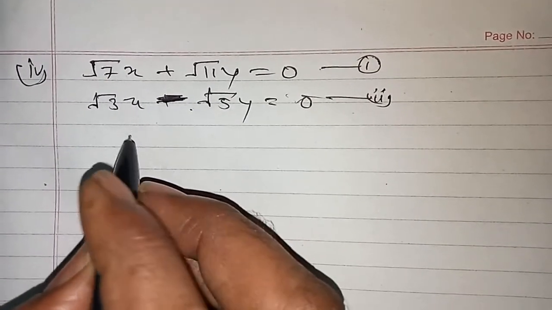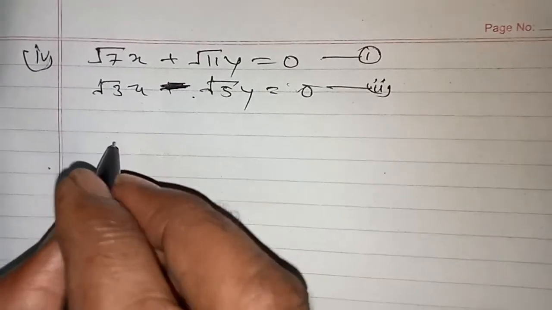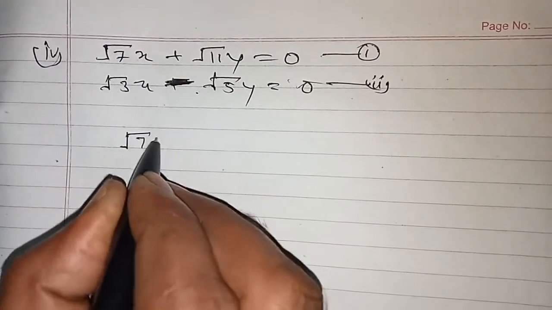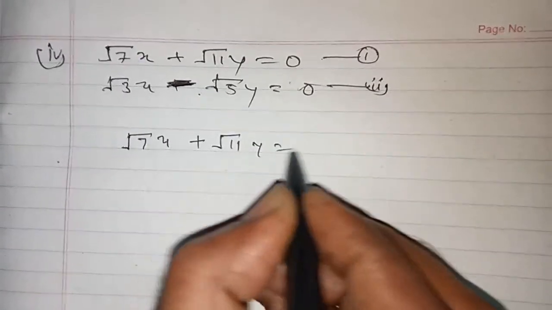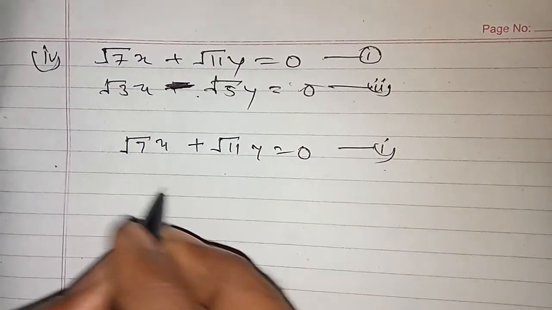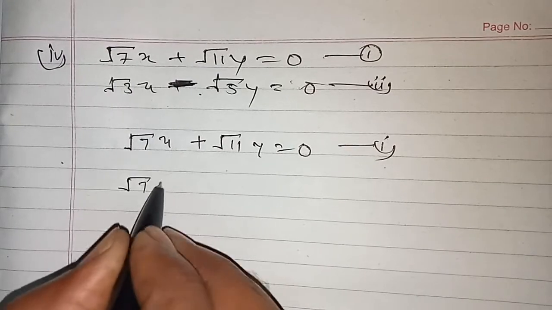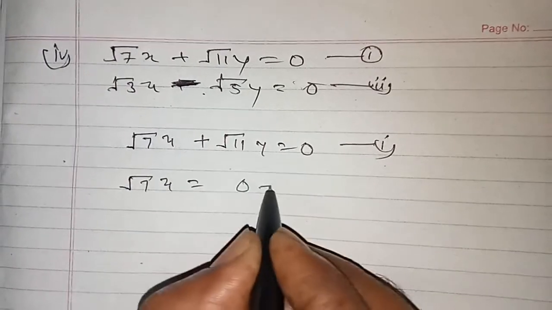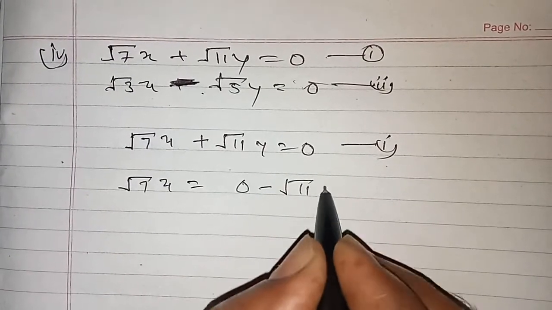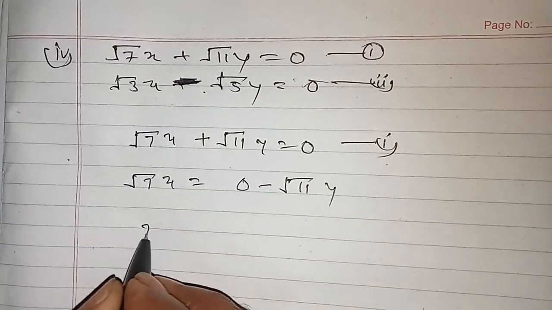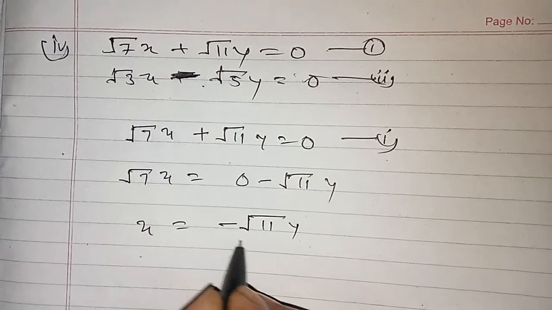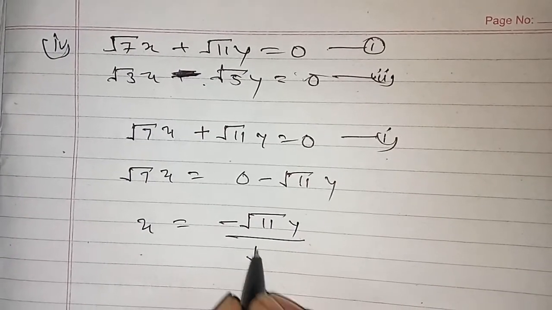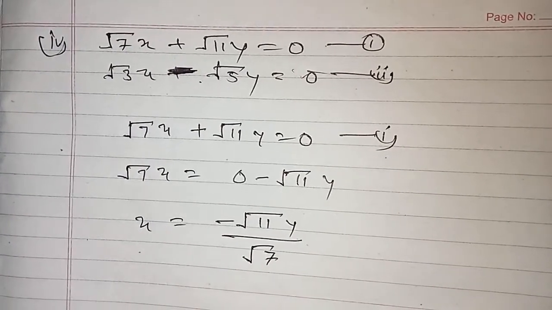So now using substitution method, root 7x plus root 11y is equal to 0. This is equation first. So root 7x is equal to 0 minus root 11y. So x is equal to minus root 11y upon root 7.